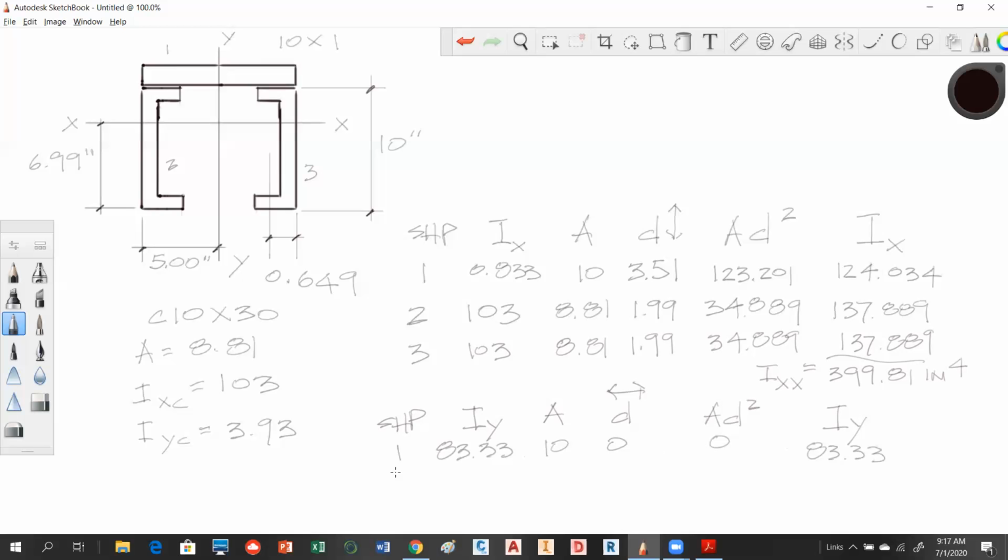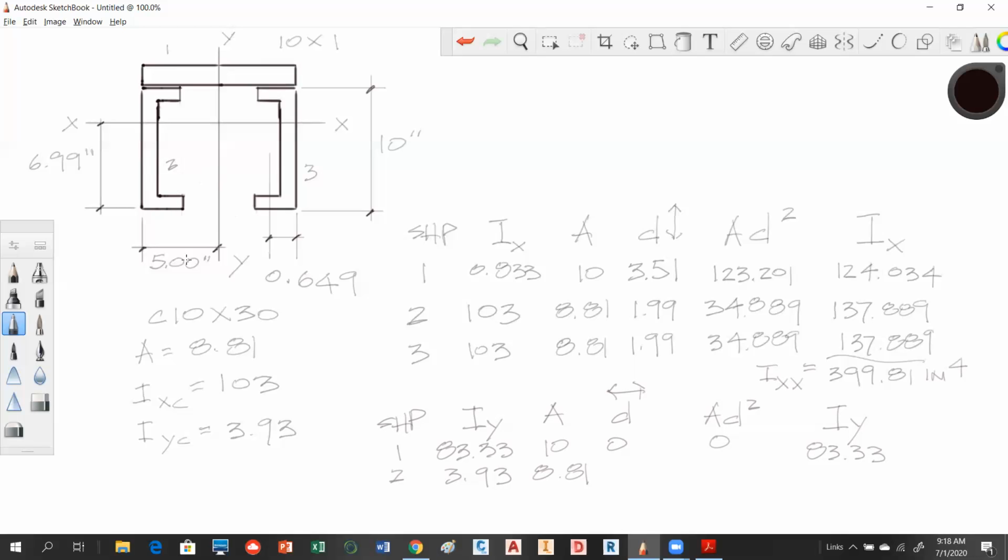So that's as stiff as it's going to get from that plate, because 0 plus that, you're getting 83.33. Okay, so for 2, we have the IY, 3.93. They're not giving us much in that direction. The area value is the same. Now the D distance for 2 would be this distance minus this 0.649, because what's happening, we're going from the back over to its centroid, so we're looking from axis to axis.